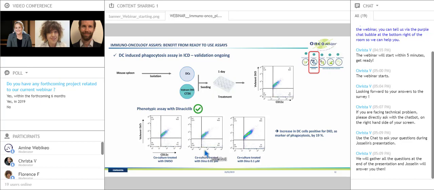Then when you add a very small concentration of dinaciclib, which has been shown in the high throughput screening to be non-efficient for ICD, you don't see any differences. And when you have the correct concentration for ICD, then you can observe an increase of the double positive fraction, meaning that you increased the activation of DCs in response to ICD induction.